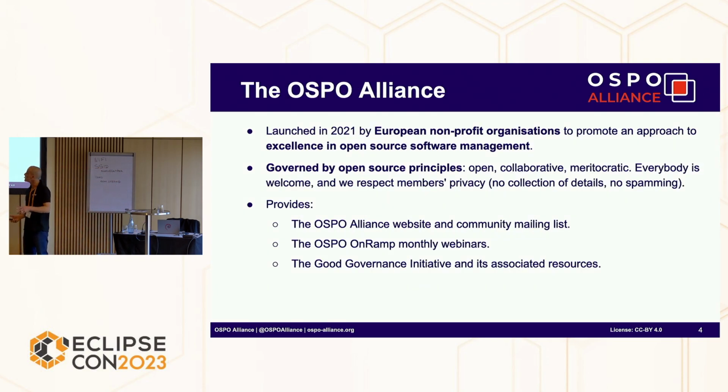So we started in 2021 publishing the first version of this handbook. At that time, there were only 4 European-based non-profit organizations. And so the aim was to develop an approach for excellence in open source software management. Love that word, excellence in open source software management.